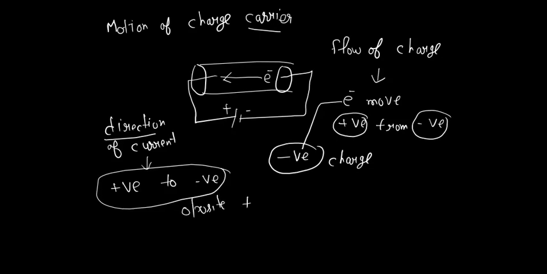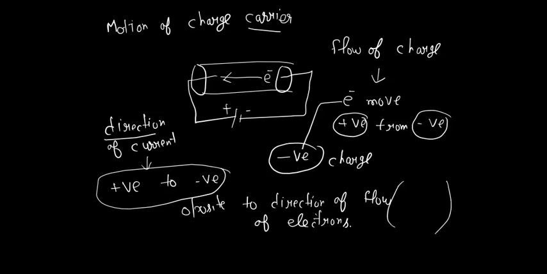So the direction of electric current is actually from the positive to the negative terminal of the cell, or we can say positive, which is at high potential, and negative, which is at low potential. So the actual direction of electric current is opposite to the direction of flow of electrons.